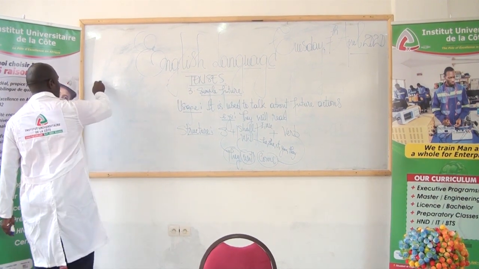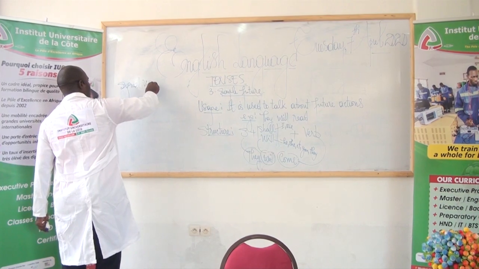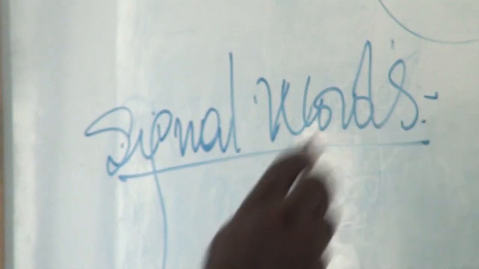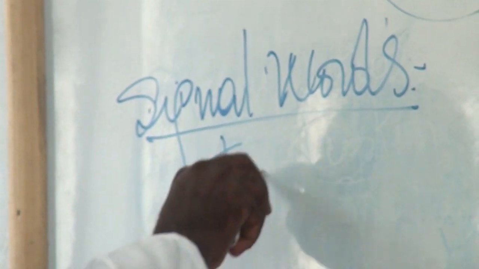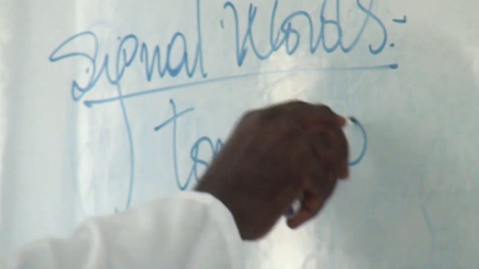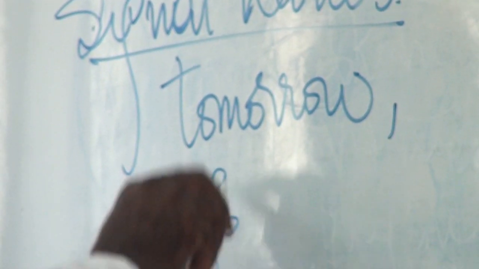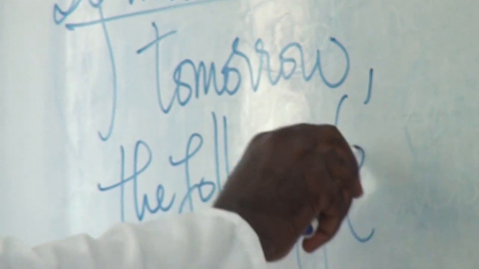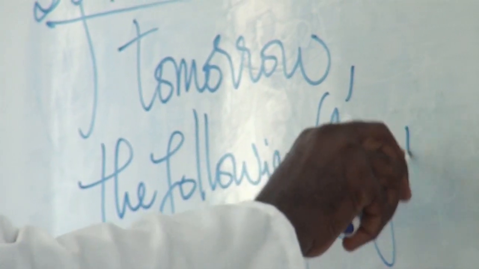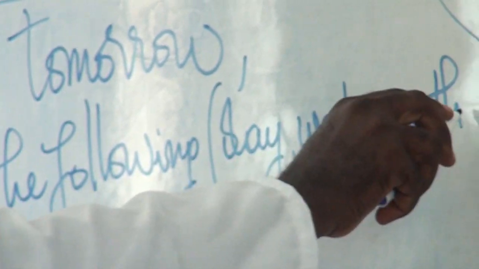Now, talking about the signal words, we can have tomorrow. We can have the following. It can be the following day. It can be the following week. It can be the following month.